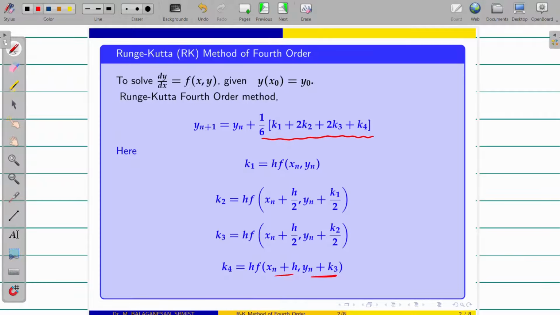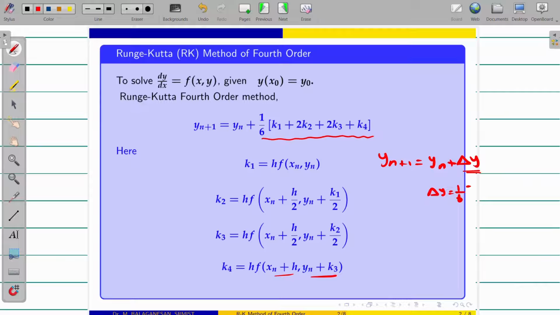Some authors give the formula like y n plus 1 equals y n plus delta y, where delta y represents 1 by 6 into k1 plus 2k2 plus 2k3 plus k4. So they find delta y separately.